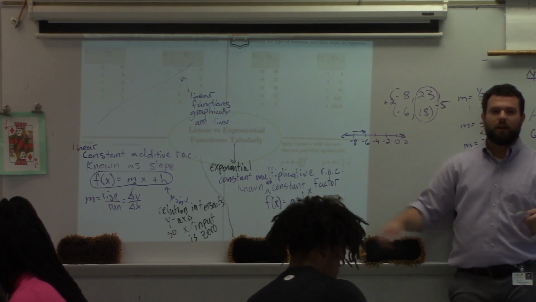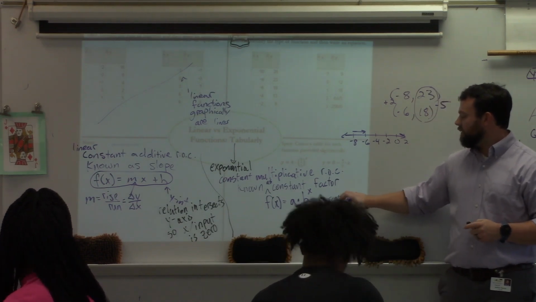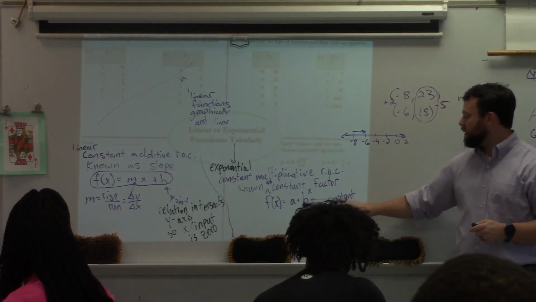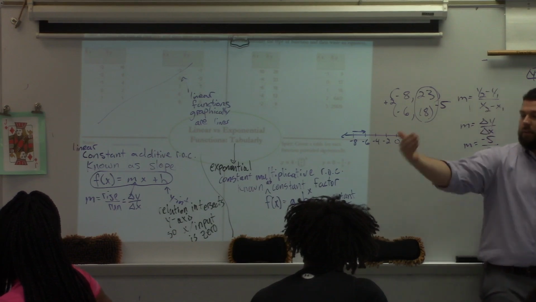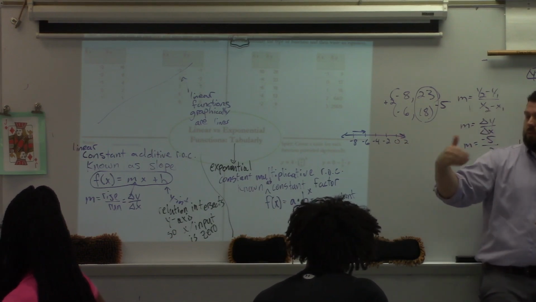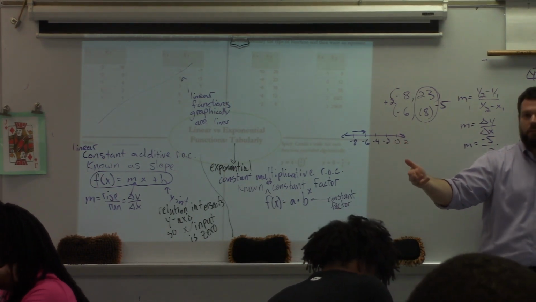So what's it called? A constant factor, right? Literally, Amber, you talked about the fact that repeated multiplication is shown as an exponent, right?